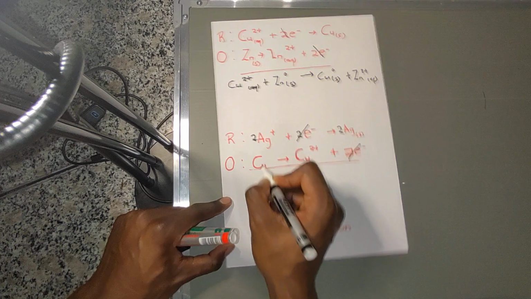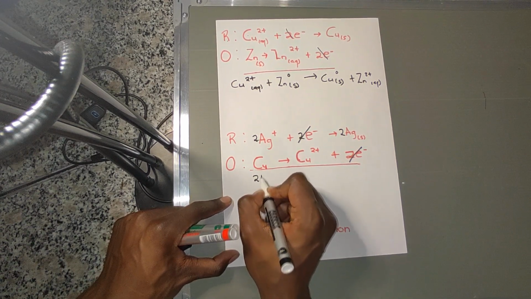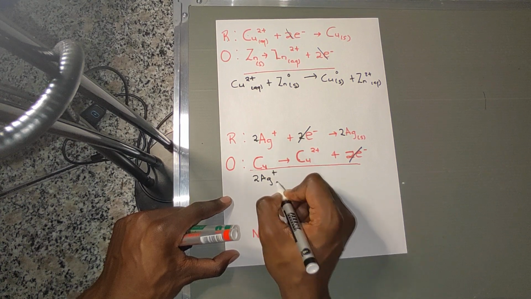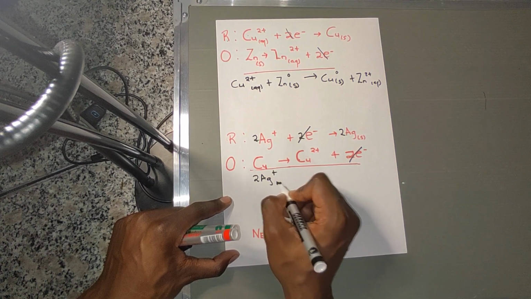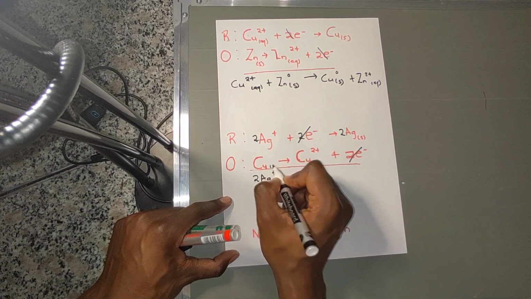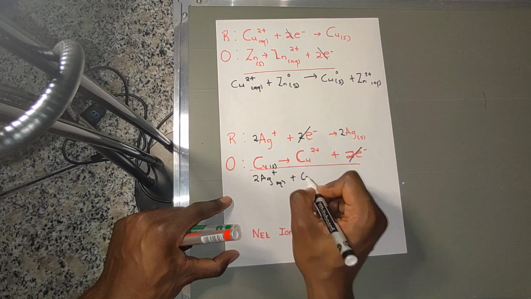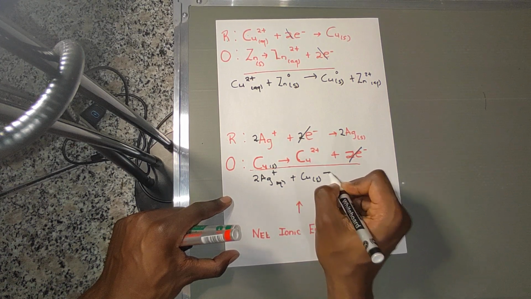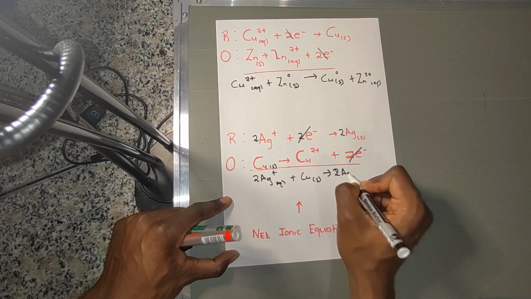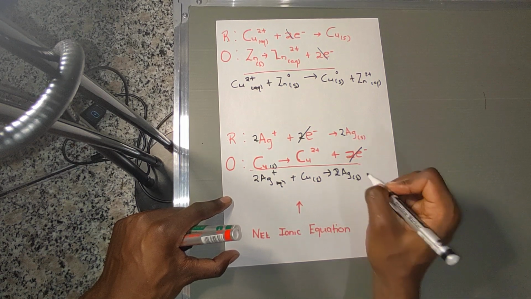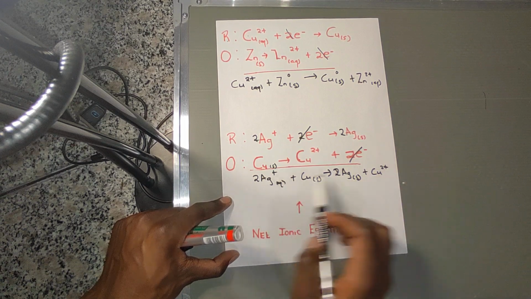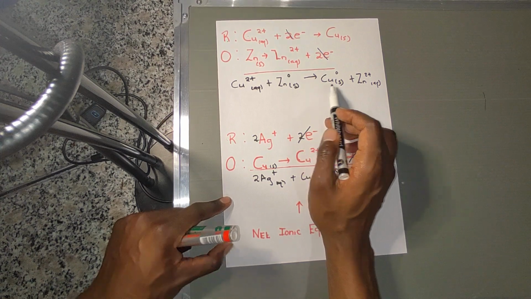What remains on the left is 2Ag+, and a charged element is simply in aqueous solution, plus Cu in a solid. Then this gives us what remains on the other side: 2 Ag as a solid plus Cu2+. So these are called the net ionic equations.